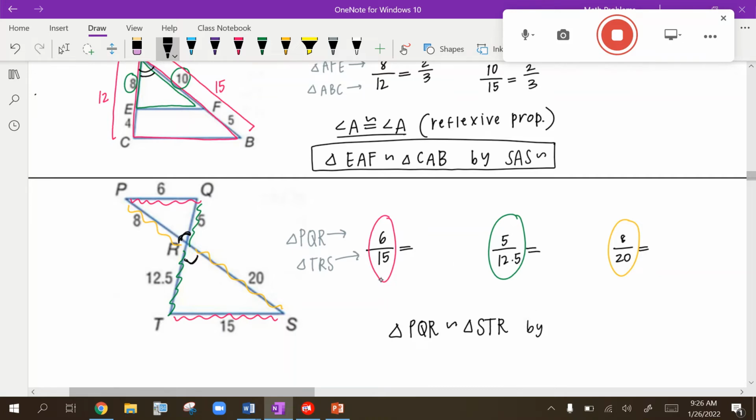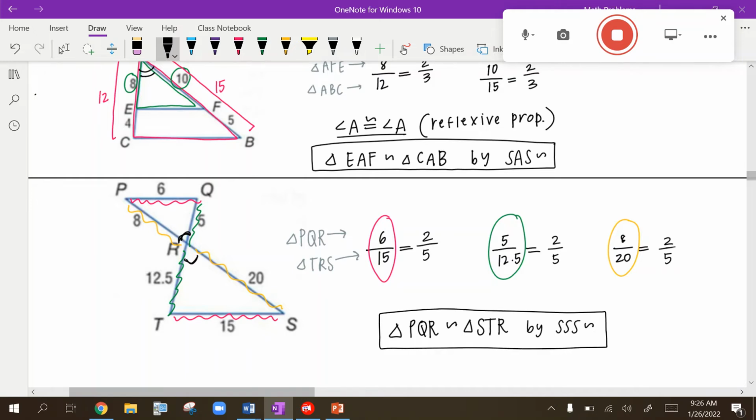This one you could probably do without your calculator. They're both divisible by 3. You get 2 over 5. You can do the same thing for every single one, and you'll notice every single fraction reduces to 2 over 5. Since they're all the same proportion, I can say these are similar by side side side similarity.